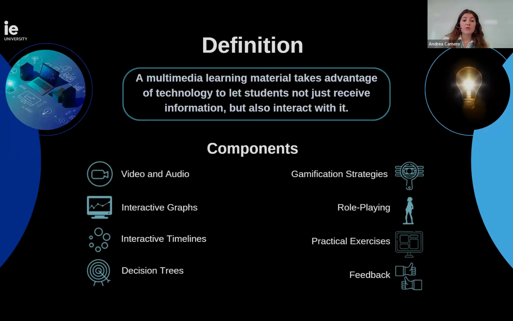We also use interactive graphs and timelines, where the students explore the data. They click on the elements and they get the information on their own path. Then there are decision trees, where they have to make choices between different options and they see the consequences.